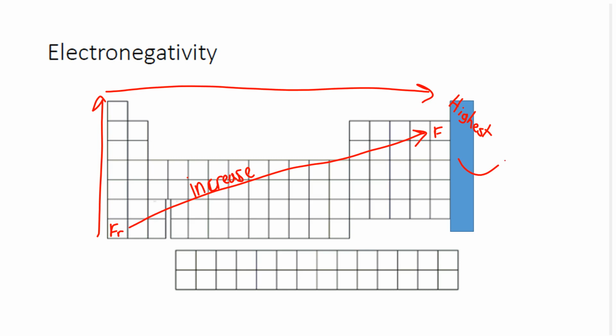And these electronegativity. So that last column just doesn't have it. They don't have numbers for it.